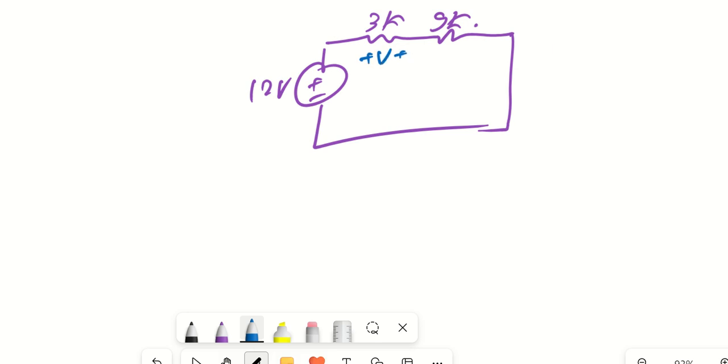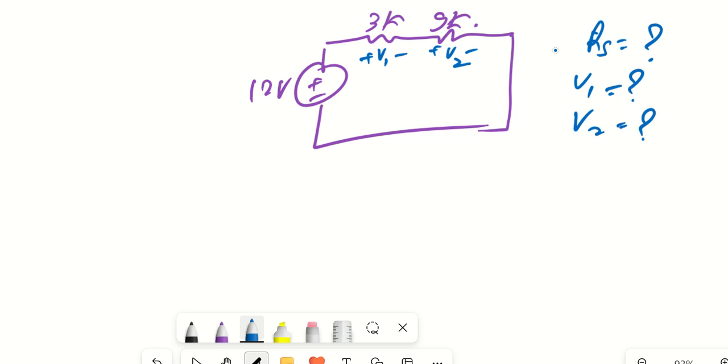We have plus and minus, and this is V1 and this is V2. Our aim is to find the series resistance and the voltage across each of the resistors V1 and V2.